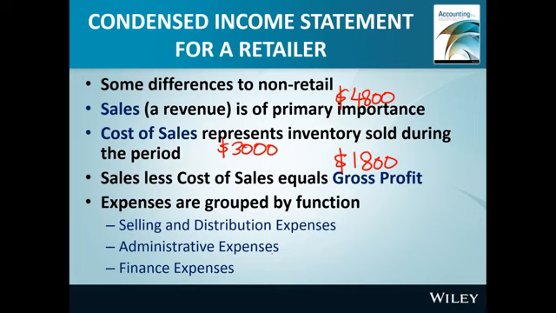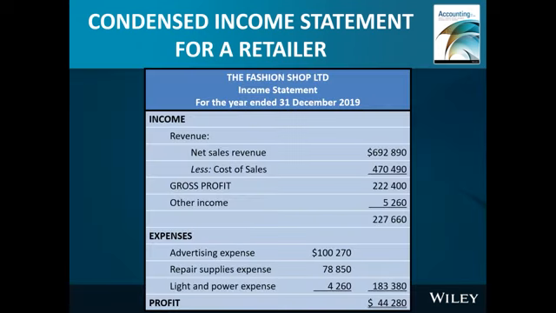And finance expense, if you borrow money from the bank, you have interest expense. So this falls under finance expense. So we have sales minus cost of sale, you get your gross profit, and gross profit minus all expenses. But I want you to group that expense into three categories: selling and distribution, administrative expense, and finance expense.